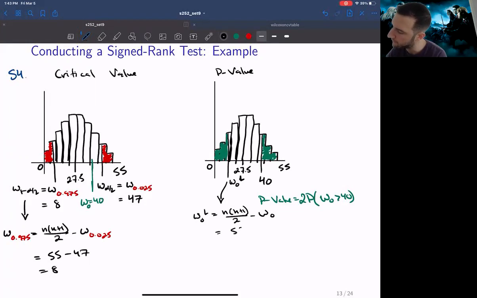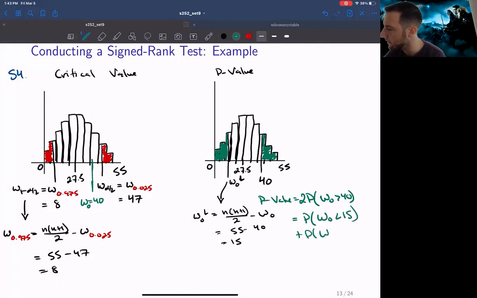So that's 55 minus 40, which is equal to 15. So for the lower tail p-value, that's going to be 15. While we can just do the 2 times thing and that will work out well, it is worth pointing out that this is the same thing as the probability W0 is less than 15 plus the probability W0 is greater than 40.